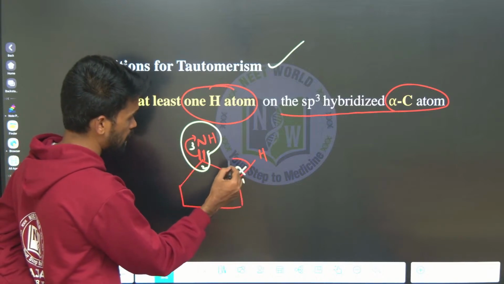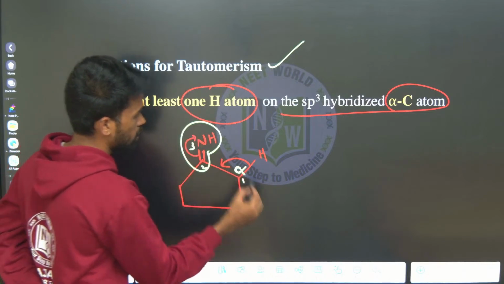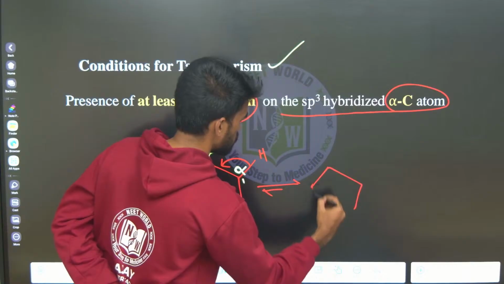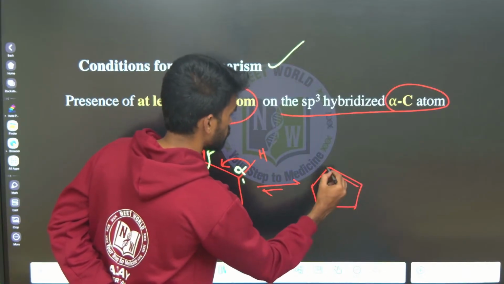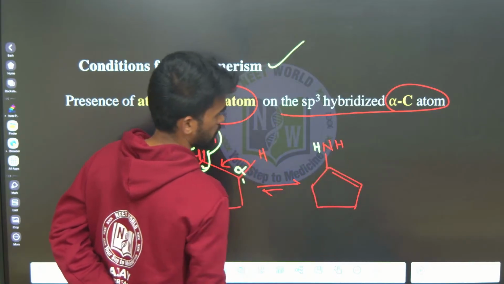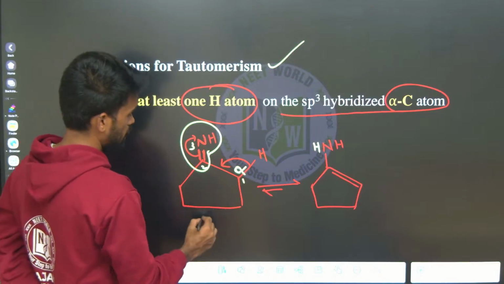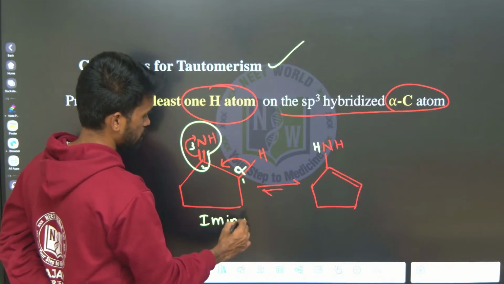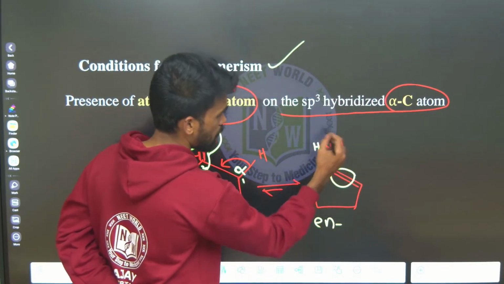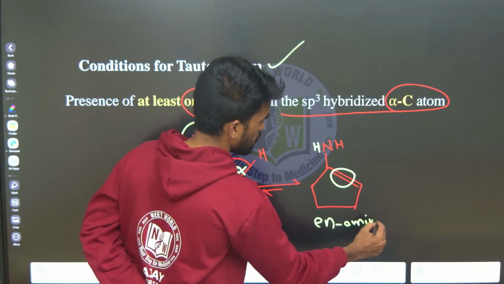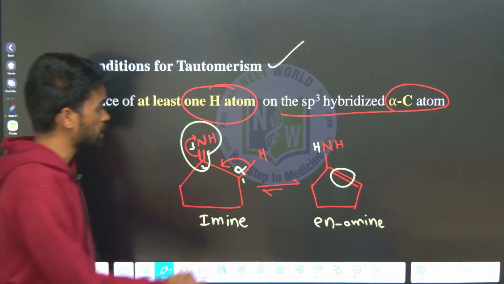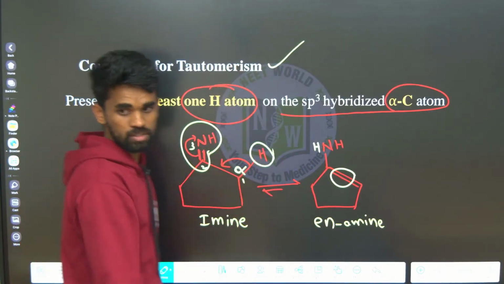So in order to satisfy the valency of the carbon, the sigma bond of hydrogen is donated. Like this. So I can say here it is imine, converting into, see here we have a double bond, and this is enamine. Enamine tautomerism is taking place here. What is the primary condition here we have seen? Alpha hydrogen. Okay.